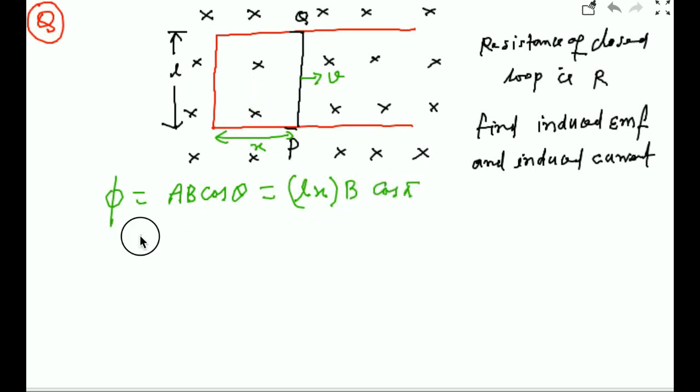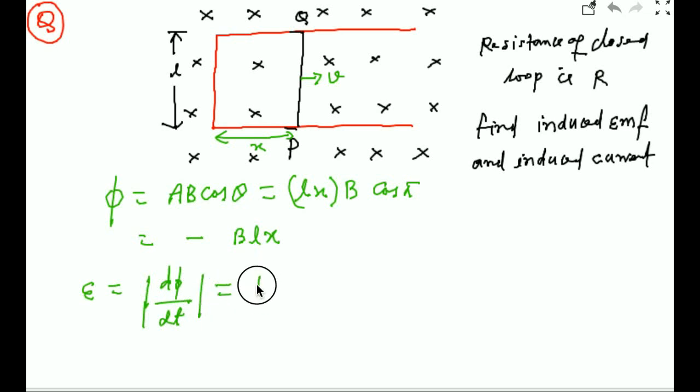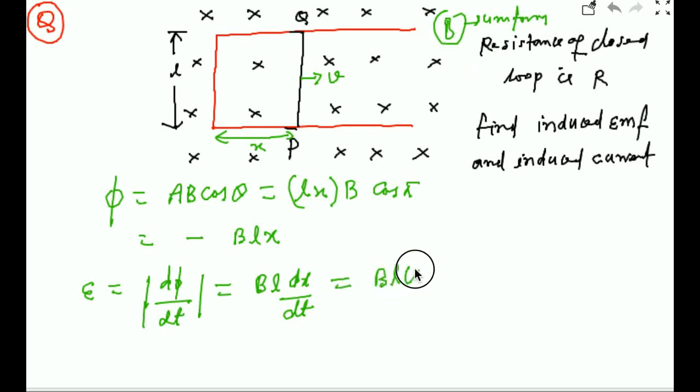So flux equals minus BLx. The induced EMF equals the change of flux with respect to time, so you can write BL dx by dt, because B is uniform and constant. So now you can write BLV. The induced EMF will be BLV.